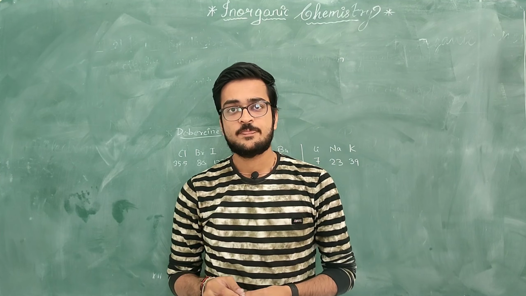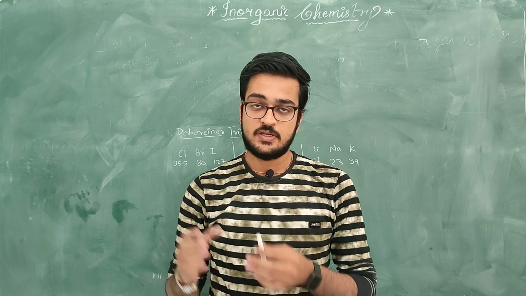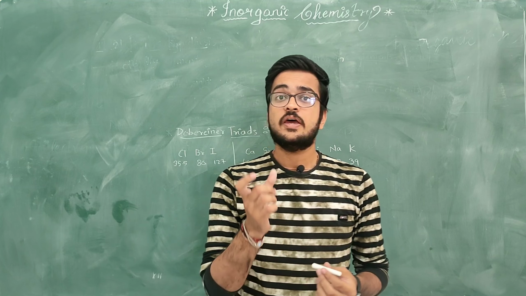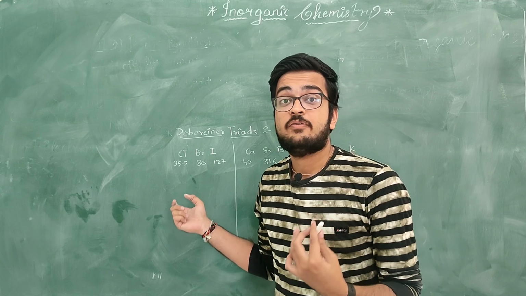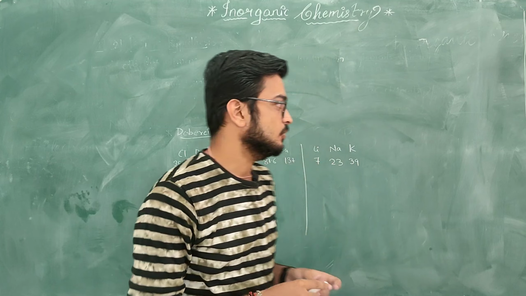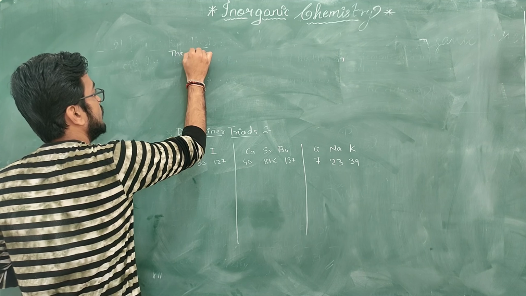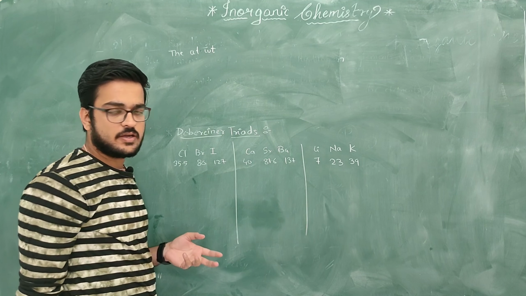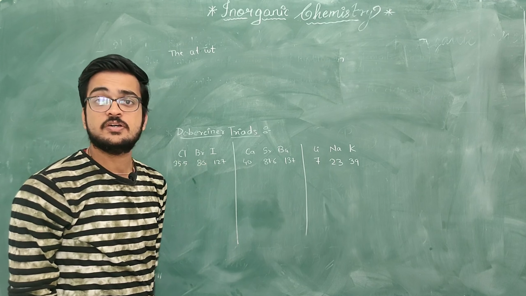Now what does his law say? If you arrange the elements in increasing order of atomic mass, the atomic mass of the middle element would be the average of the atomic mass of the first and third. I'll write this on the board. The atomic weight or mass, I'll be using both terms, don't get confused because it's one and the same thing.